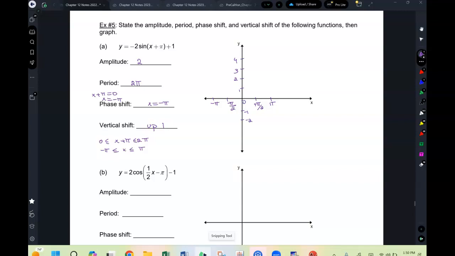So pi over 2 is like 1.57. So this distance here is technically 1.57 and this distance is 1. So this is technically not to scale. If you really wanted to draw that to scale, you would fix that as well. Okay, so here we go. There is a vertical shift up 1 unit. So here's the new horizontal axis.